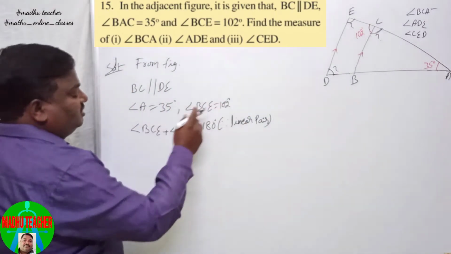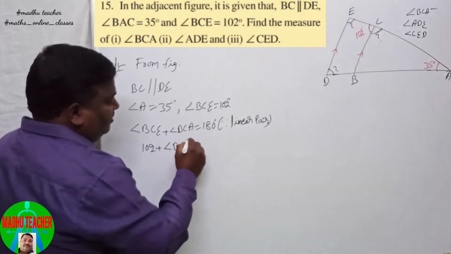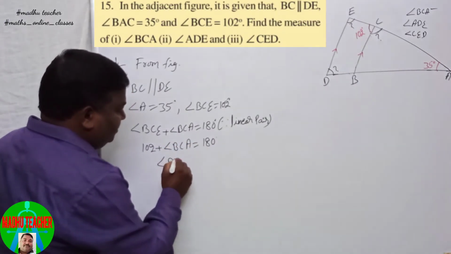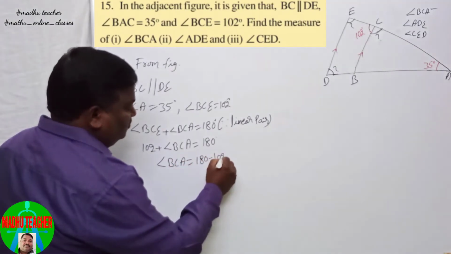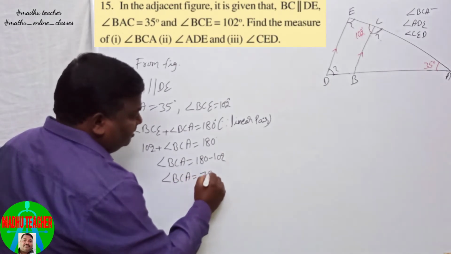Angle BCE is 102 degrees plus angle BCA equals 180 degrees. Angle BCA equals 180 minus 102. Angle BCA equals 78 degrees.